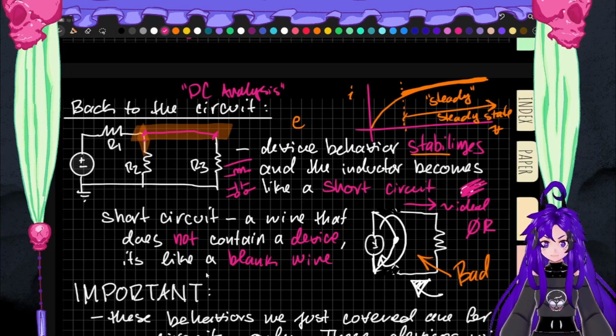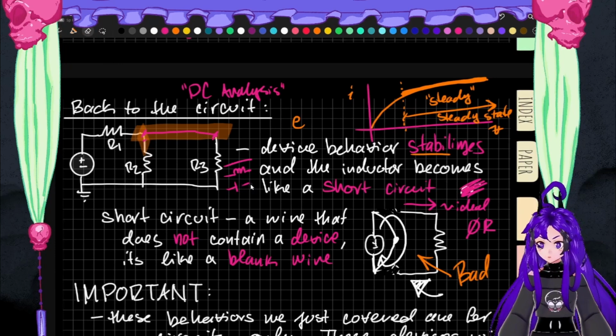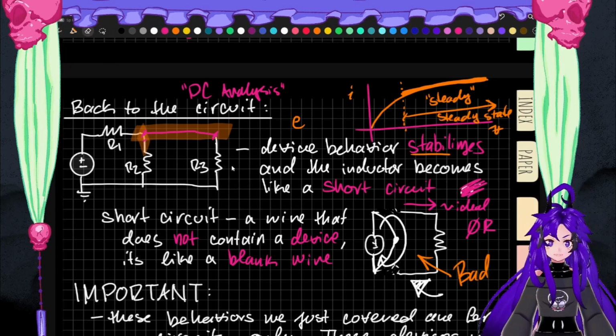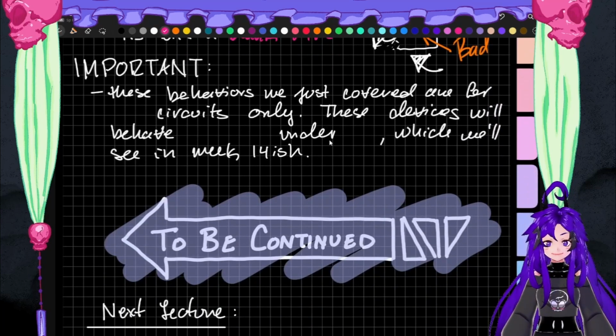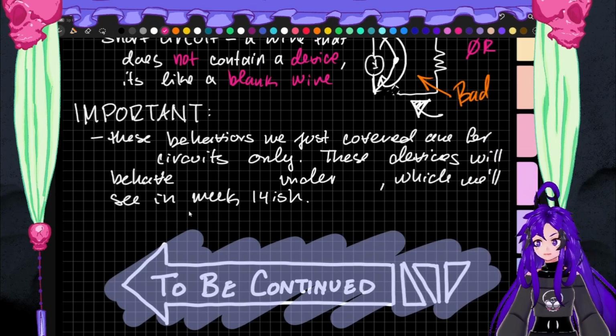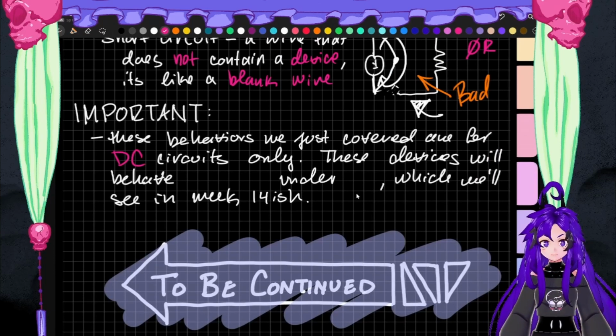It might cut off some devices. And then you don't have to analyze them because they're not attached to the source in DC. So, again, important, these behaviors we covered are for DC only.